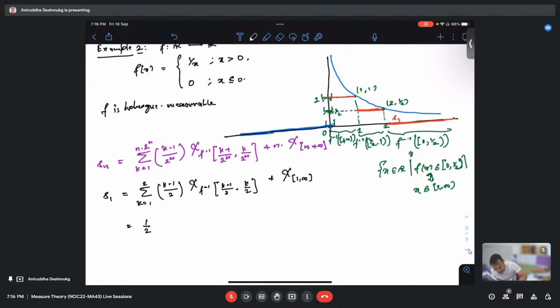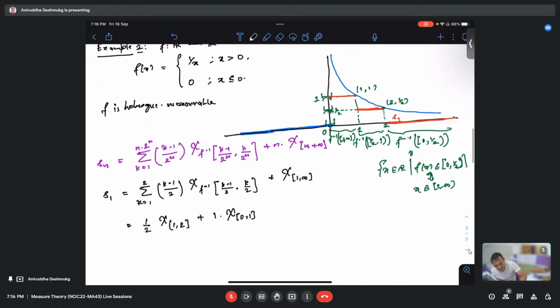From 1 to 2, half times chi of open 1 to closed 2, because here 1 is open, but 2 is included, plus 1 times chi of 0 to 1.